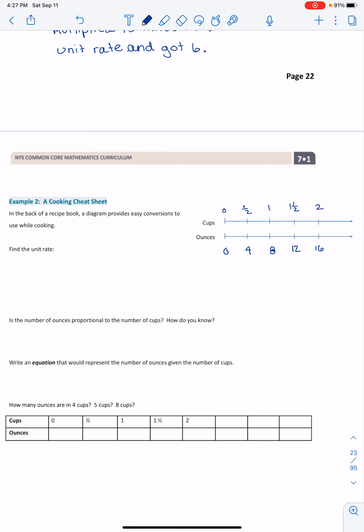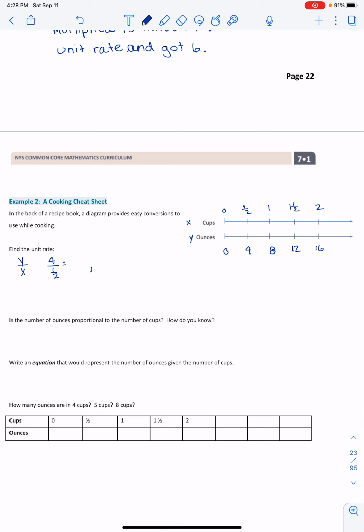So now remember, let's use this first. We're going to have X and we're going to have Y. So here, to find our unit rate, again, we're going to put Y over X. We are going to divide 4 by 1/2.